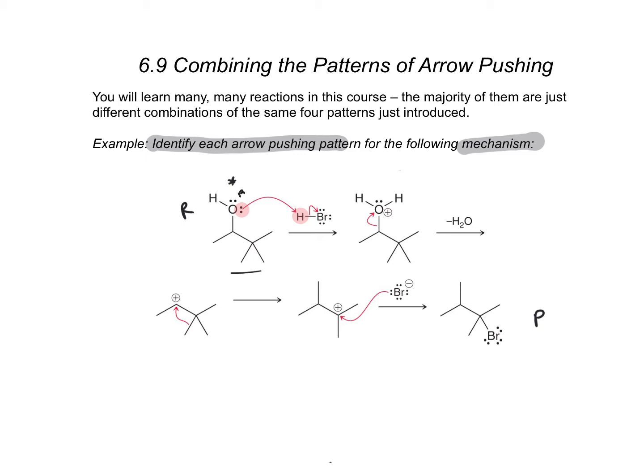We have a base, a lone pair of electrons. That base is going out and forming a bond with a proton, with hydrogen, right? And the electrons in the hydrogen bromine bond are being left behind on the bromine, the conjugate base, right? So this is a base going and getting a proton from an acid.